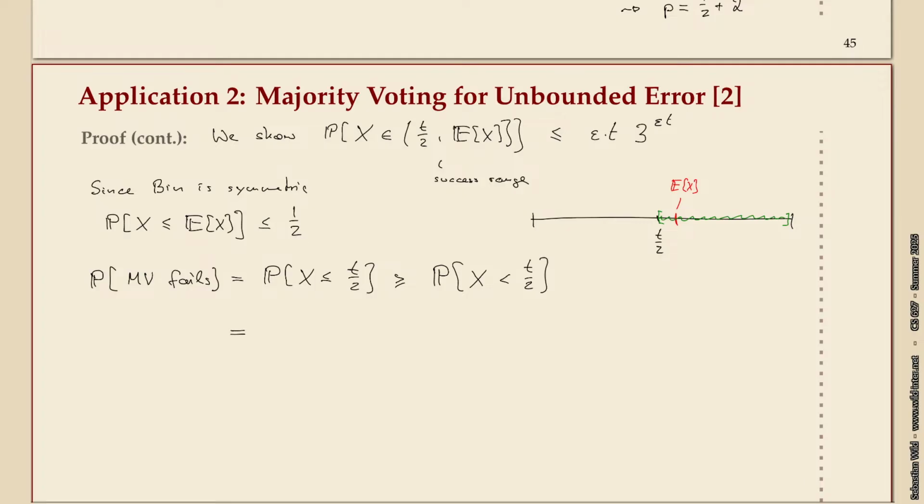And so the probability that it fails is the converse probability, and we express that by taking the probability to be below the expected value and subtract the probability for the part in between.